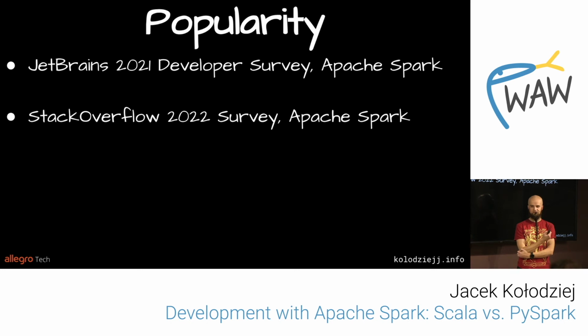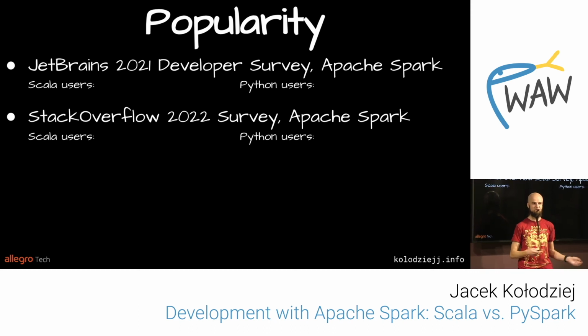I don't have a strong idea how to count popularity, but I've looked at the numbers in these developer surveys. I've only looked at answers where someone mentioned that they are a Spark developer, they use Apache Spark, and from that subset, how many of them also ticked Scala or Python, or both.